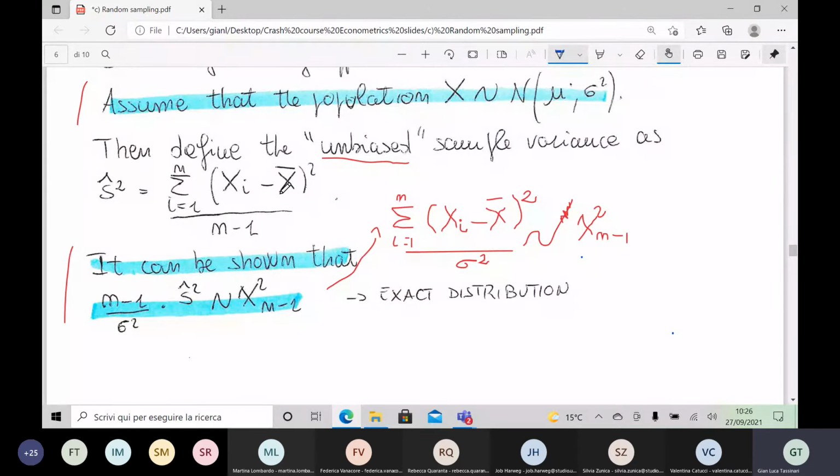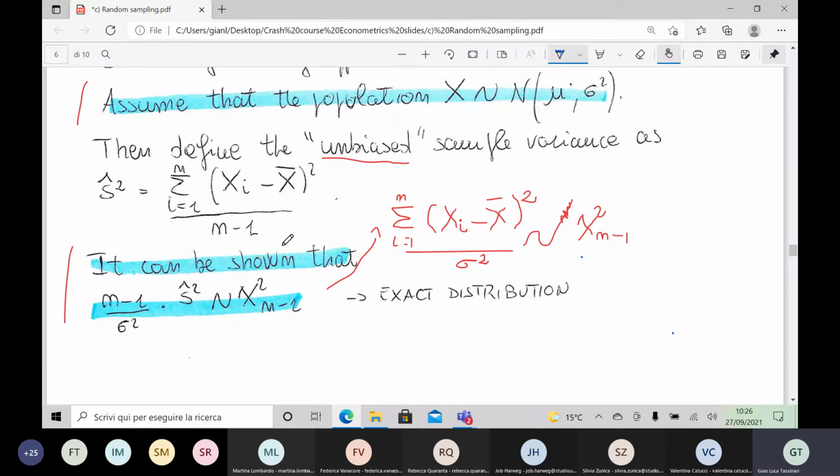In particular, if you substitute capital letters and you divide by n minus 1 instead of n, you get what is called the unbiased sample variance. Tomorrow it will be clear why I divided here by n minus 1.